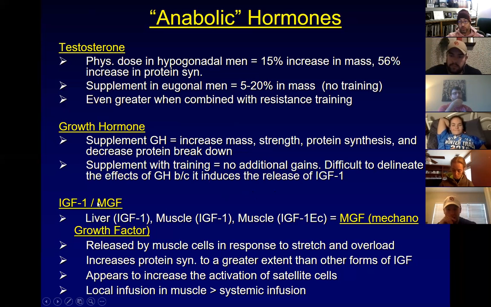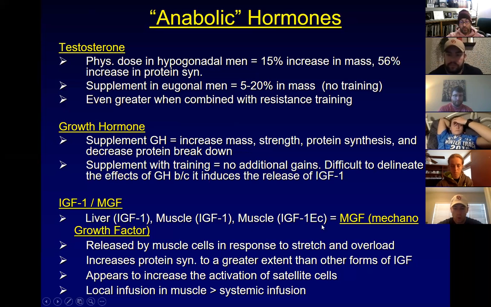So there's this difficult pattern of being able to tease out the individual effects of some of these things. Okay? So IGF-1 is made in the liver and in the muscle. The liver portion is just called IGF-1. You have the exact same form of it that also comes out of muscles, but then you have this IGF-1 Ec variant that we call mechano growth factor that's only produced in the muscle.